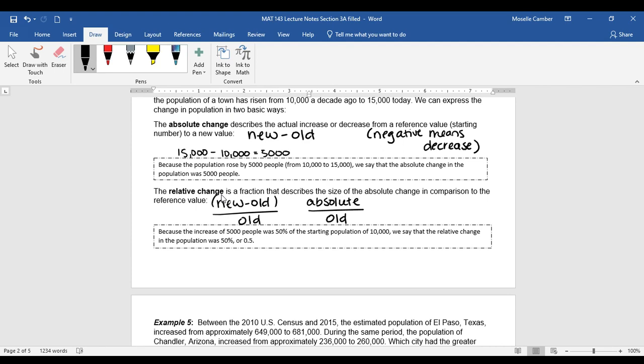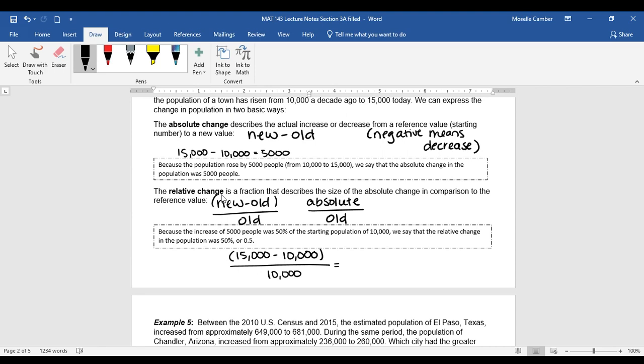Okay, so in our population example, we had the increase of 5,000 people. So the new minus your old, which is where we got that 5,000, we would divide by our starting amount, which was 10,000. Note when you put this in the calculator, you have to make sure you put parentheses around this subtraction.